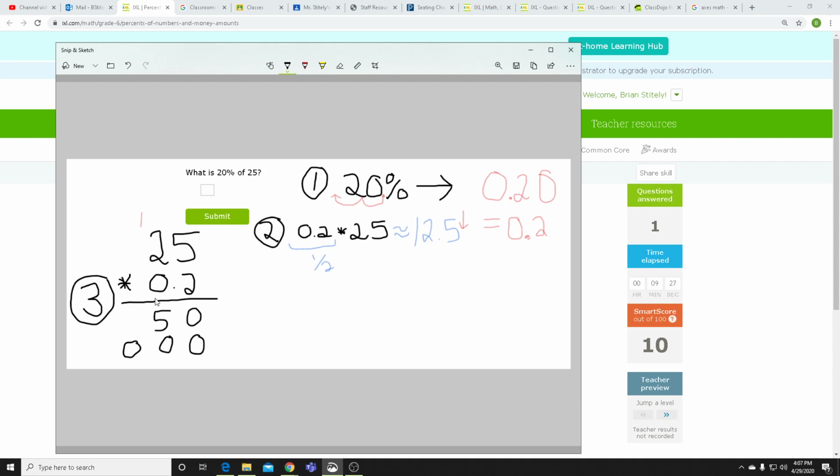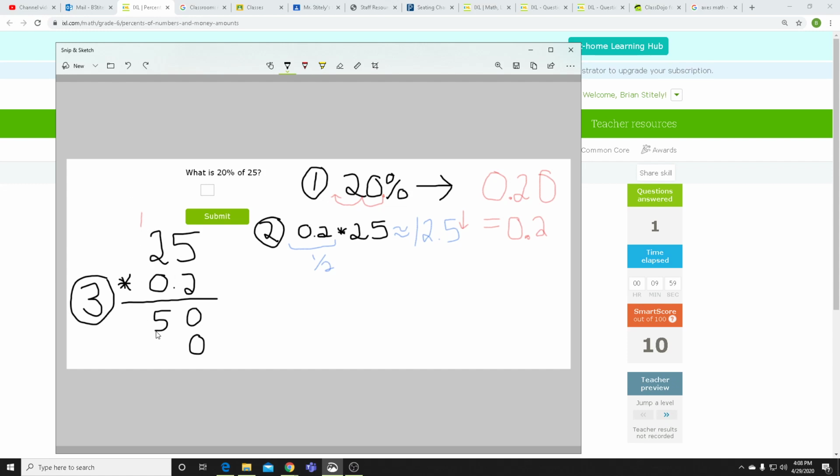So from here, oops, I made a little mistake. I'm sorry. Hopefully you caught that. So we did 5 times 0, right? So we started off with the 0 in our tens place. And then we had to carry over the 1. 2 times 2 is 4.